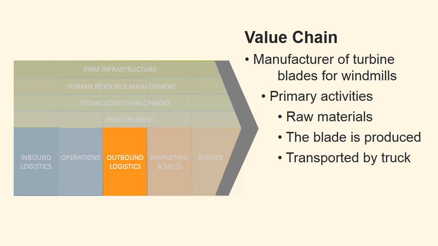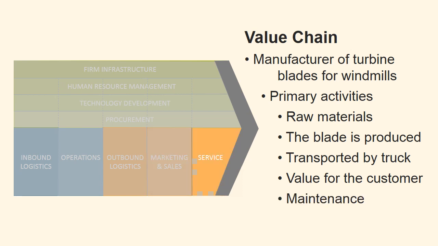When the finished turbine blades are transported by truck, it is part of the primary activity outbound logistics. It is probably due to quality, durability, etc. that we have convinced the buyer about the value of our blades. This is part of the primary activity, marketing and sales. The maintenance of the blade is part of the primary activity, service.